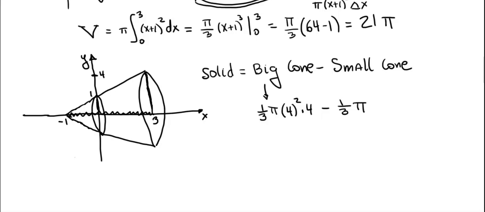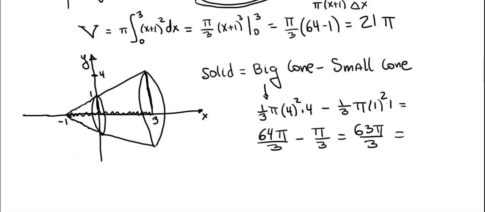So it's 1/3 pi times 1 squared, and its height is from -1 to 0, that's also 1. This is equal to 64 pi over 3 minus pi over 3. It's 63 pi over 3, which is 21 pi, the same answer that we got before.